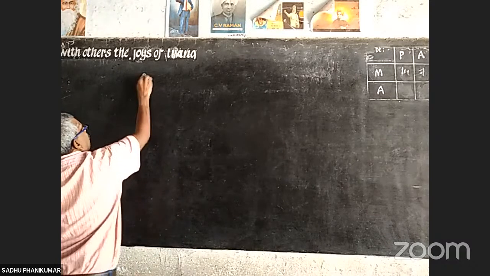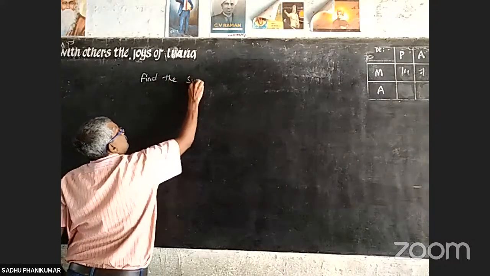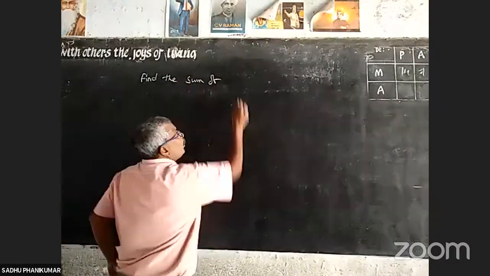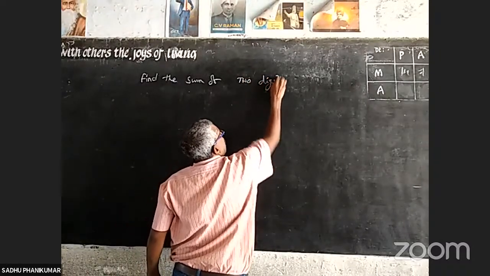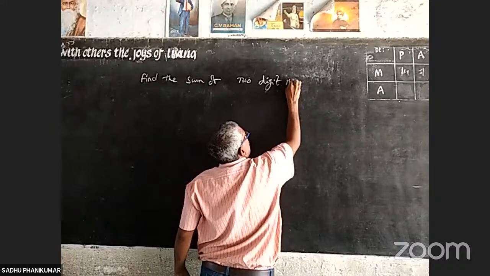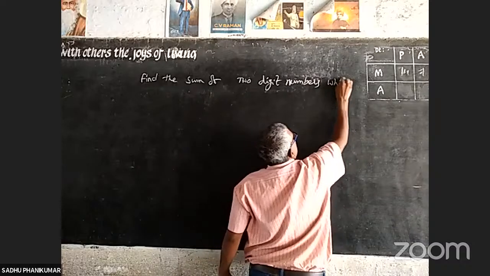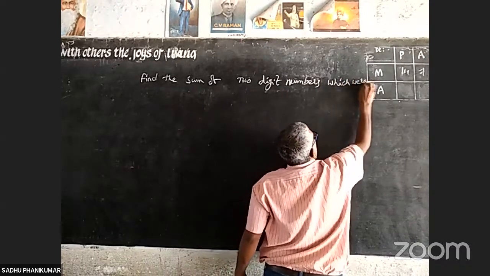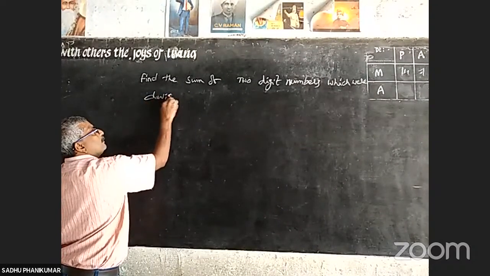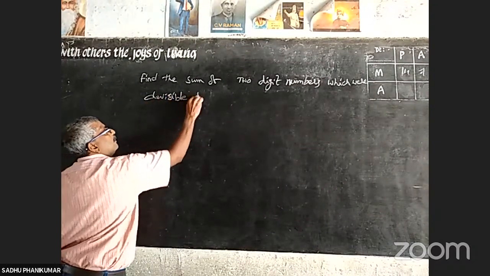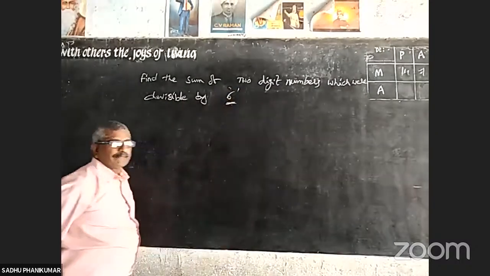Find the sum of two-digit numbers which are divisible by 6.